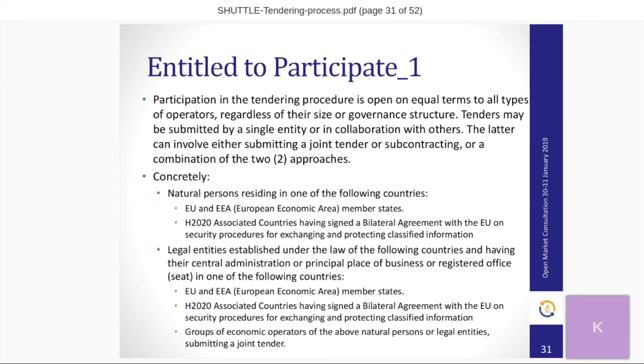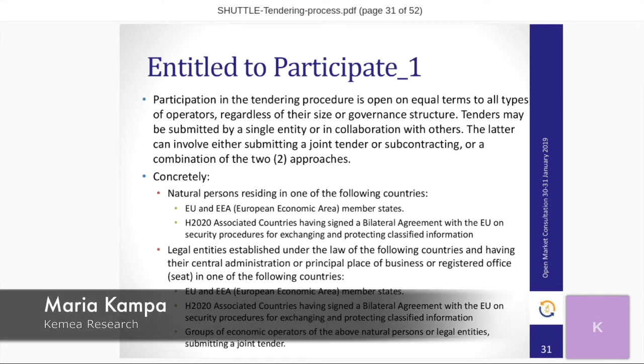Also, I would like to mention that on the website there is a list of companies that are already searching for partnerships. So everyone who is interested in finding more partners can use this form and the list of companies on the Shuttle website.